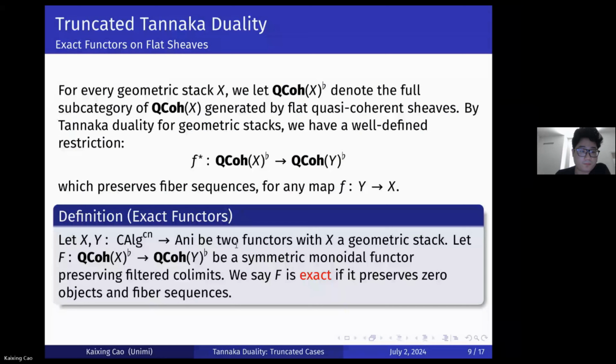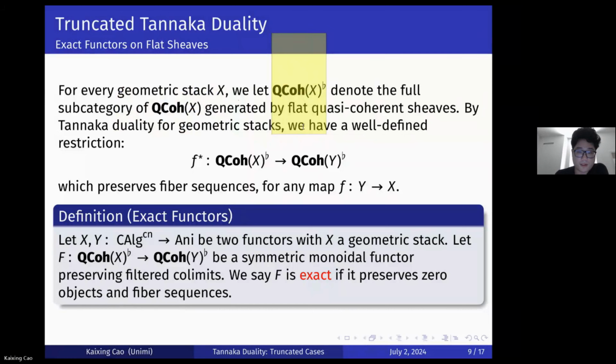Now, given a geometric stack X, we use QCoh(X) flat to denote the full subcategory generated by the flat objects.